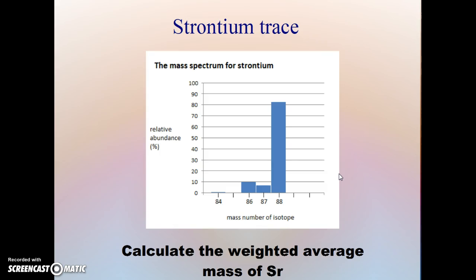Here's another one for strontium. You might want to stop the YouTube video and estimate the percent abundance. Estimate this will be about an 82 and this will be about a 7. Estimate these four and multiply each abundance times the mass.